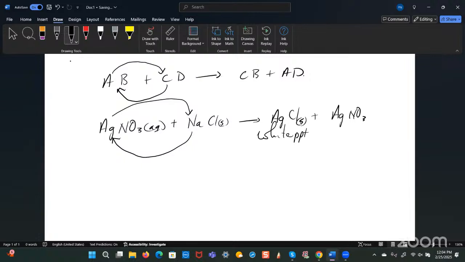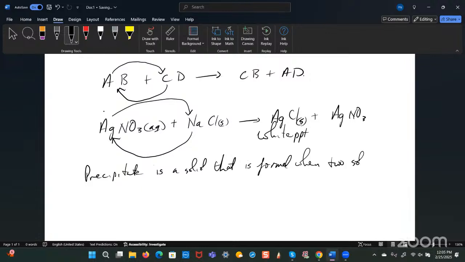Let me tell you what a precipitate is, since I introduced that term. A precipitate is a solid that is formed when two solutions are added to each other.